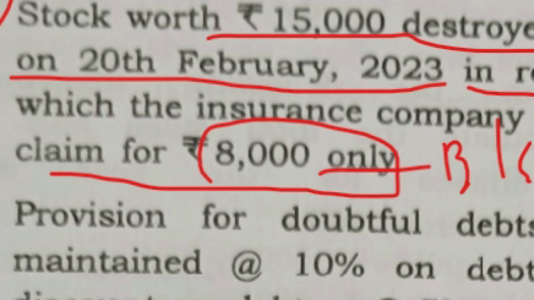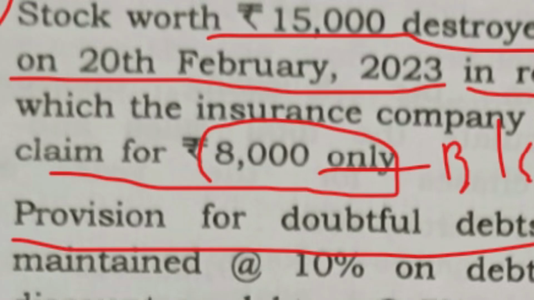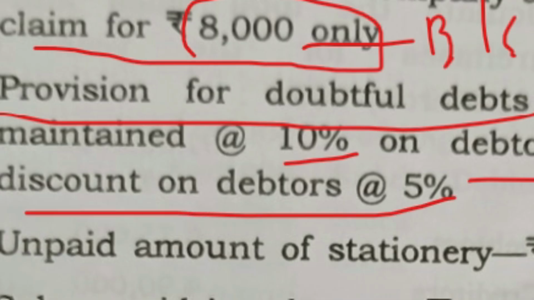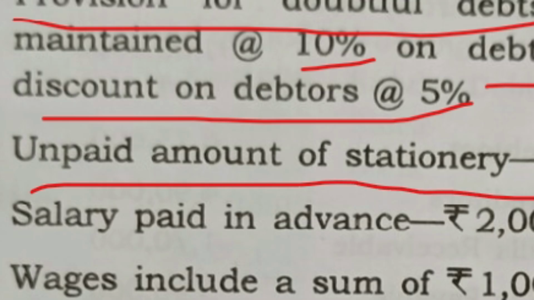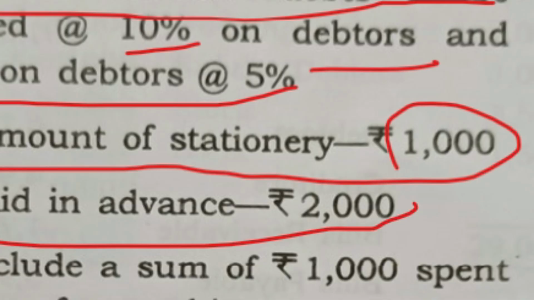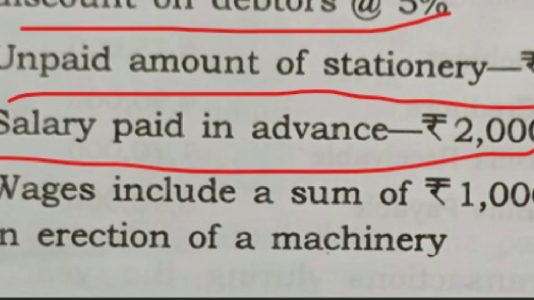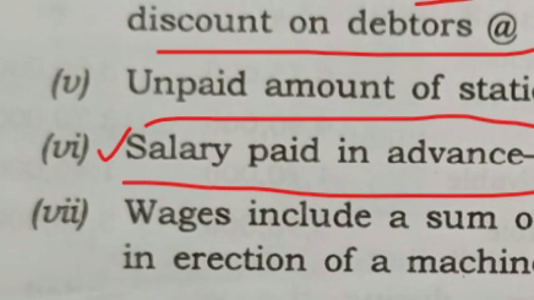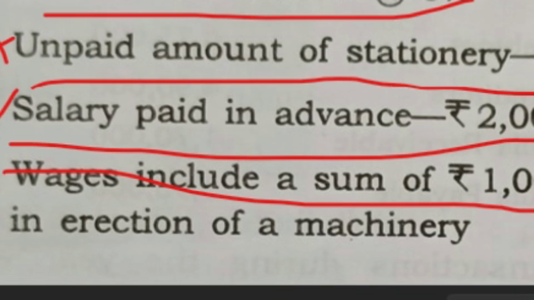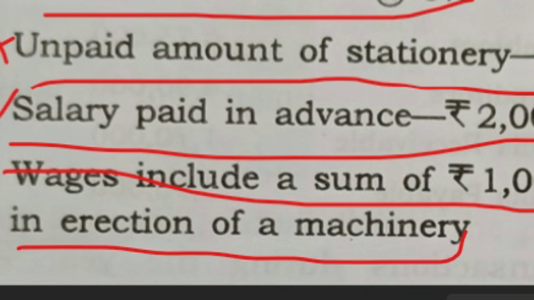So these are the effects. Then provision for doubtful debts is to be maintained at 10% on debtors, and discount on debtors 5%. And the outstanding amount of stationery 1,000, and salary paid in advance rupees 2,000. Wages include a sum of rupees 1,000 spent in erection of machinery.